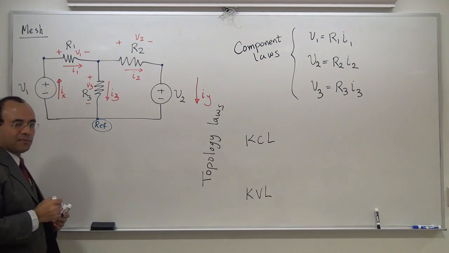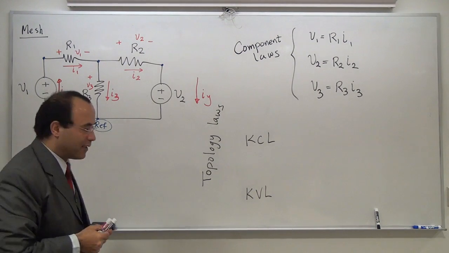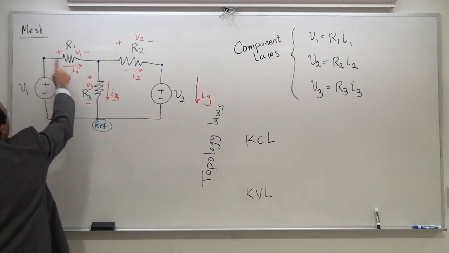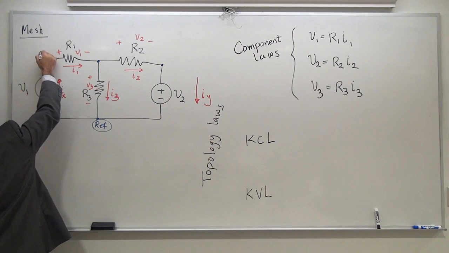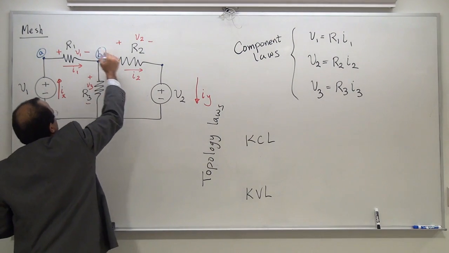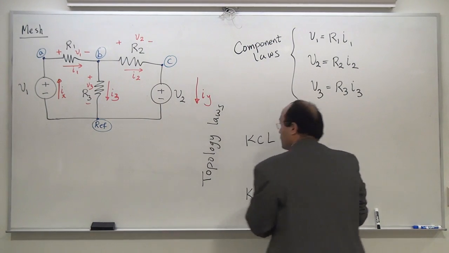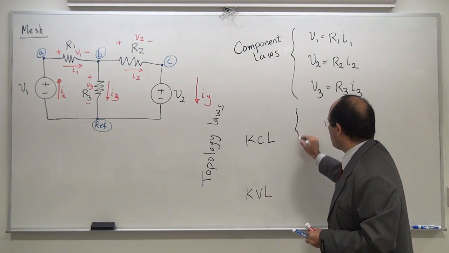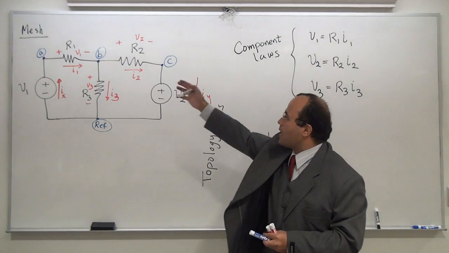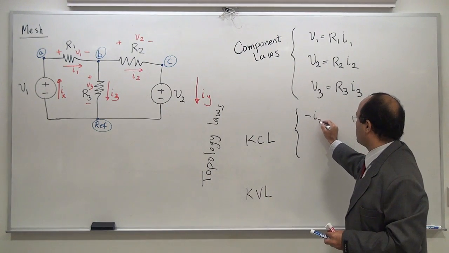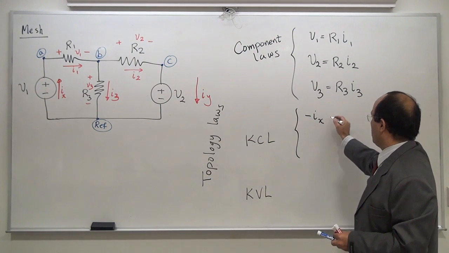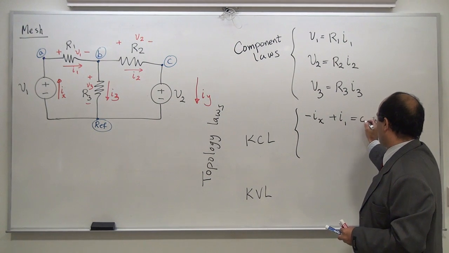And as soon as I say this is a reference node, I don't have to write the KCL law for that. I have A, B, C, let's call them. This is A, this is B, this is C. Let's write the 3 KCL laws. On node A, chapter 2, Ix is entering, minus Ix. I1 is leaving, plus I1 is equal to 0.